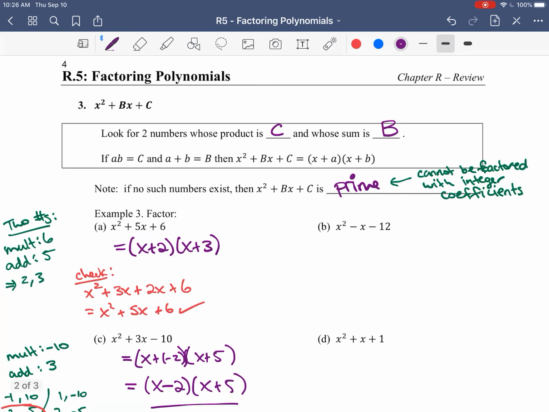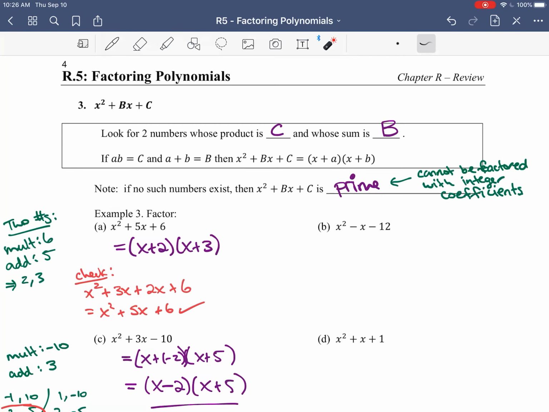So here, in part B, we have a quadratic, so a power 2 polynomial, where the leading coefficient is 1. So remember, if they don't write a number there, that means that it's actually the number 1.